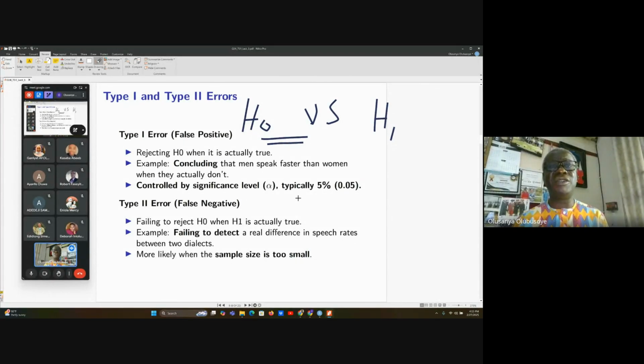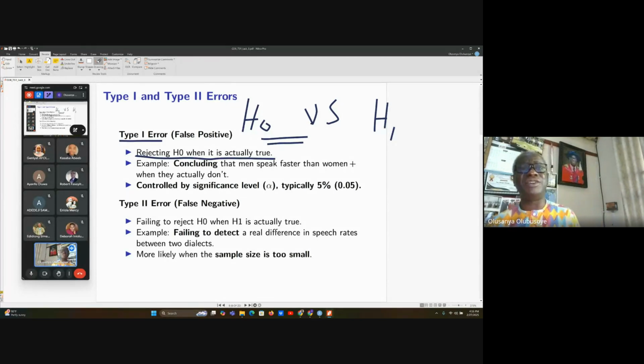This error of rejecting the null when it is actually true is the one we call type 1 error. So type 1 error, if they ask you, is the probability of rejecting the null when it is actually true.